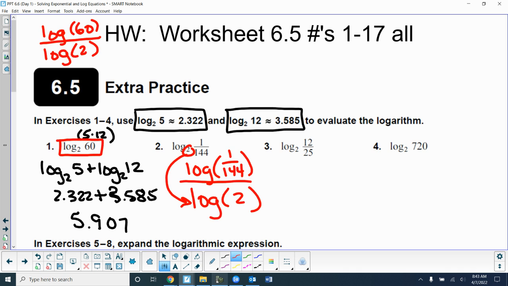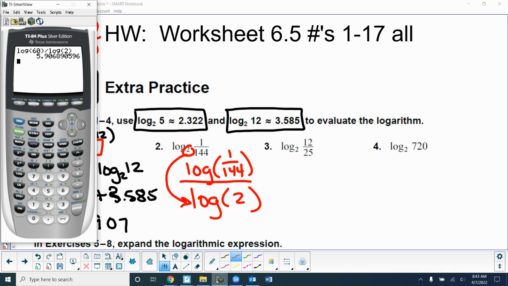They wanted us to write this as 12 squared to 144, and then add them and then divide, subtract them and stuff like that. But we don't need to do that, okay? So, again, log 1 divided by 144, close it up, divided by log of 2, close it up. All right, negative 7.17.